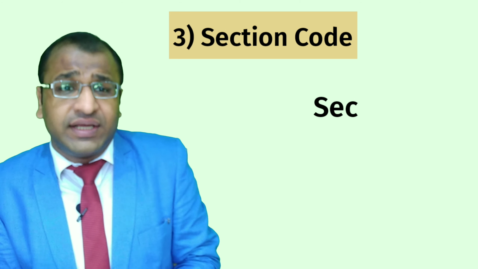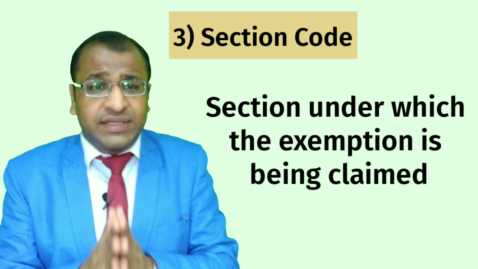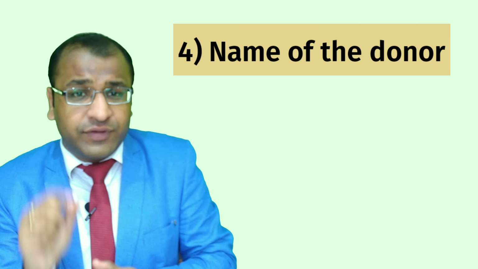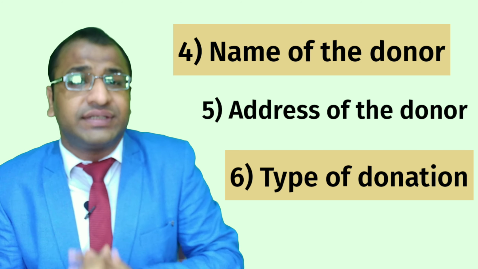Next comes the section code, that is, under which section the exemption for such donation is being claimed. Then come the separate columns for filling the name of the donor, the address of the donor and the type of donation given.